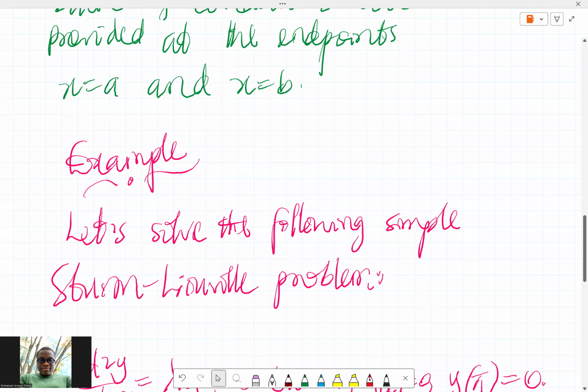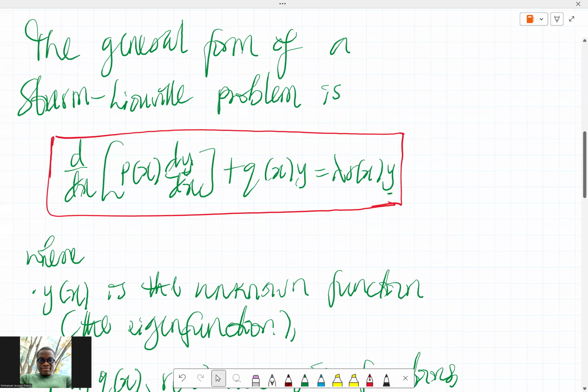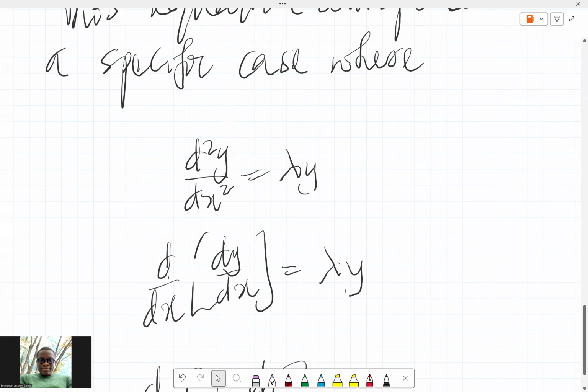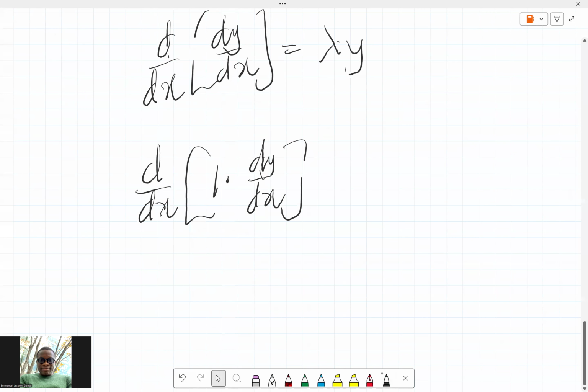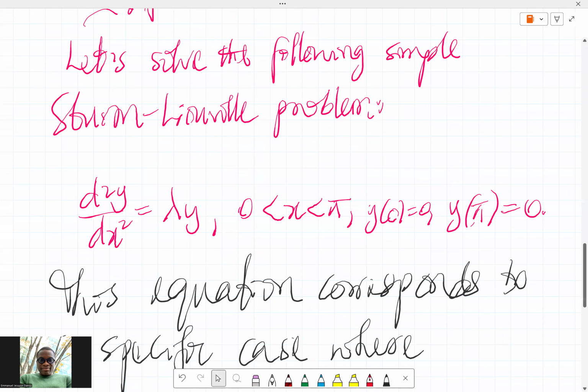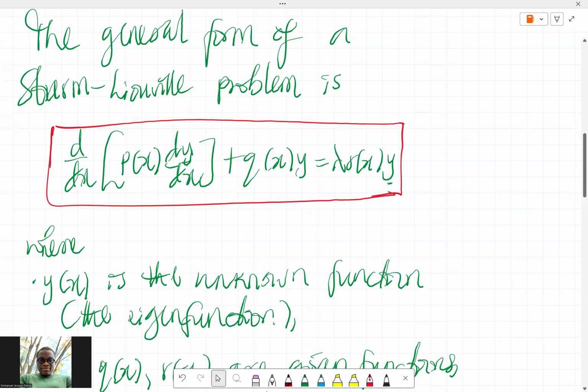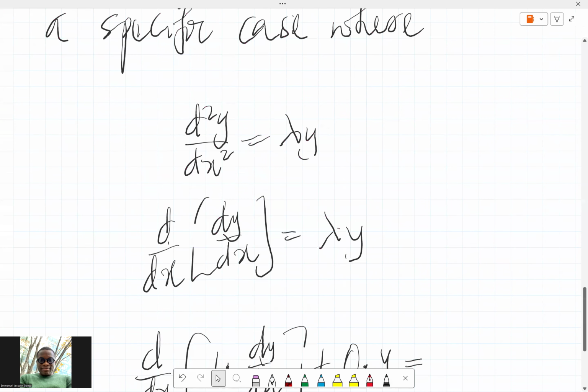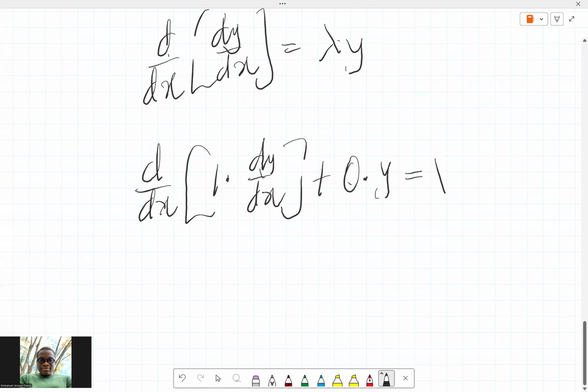Then we have plus q of x y, and there's nothing like that here, so we have plus 0 times y, equals the right-hand side, which is lambda r of x y. On that side, we have lambda times 1 times y.